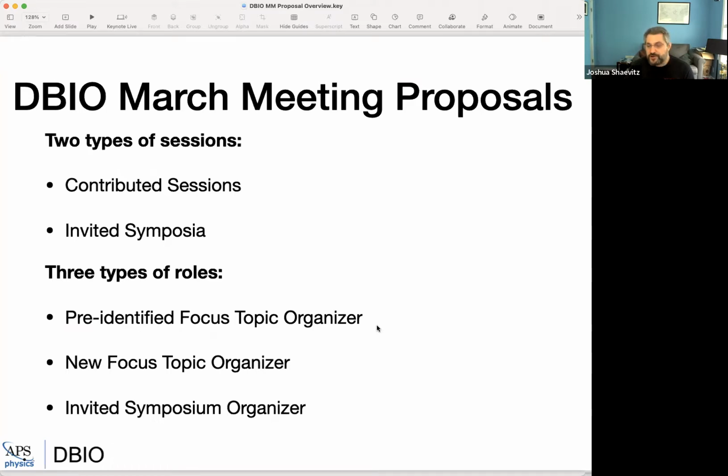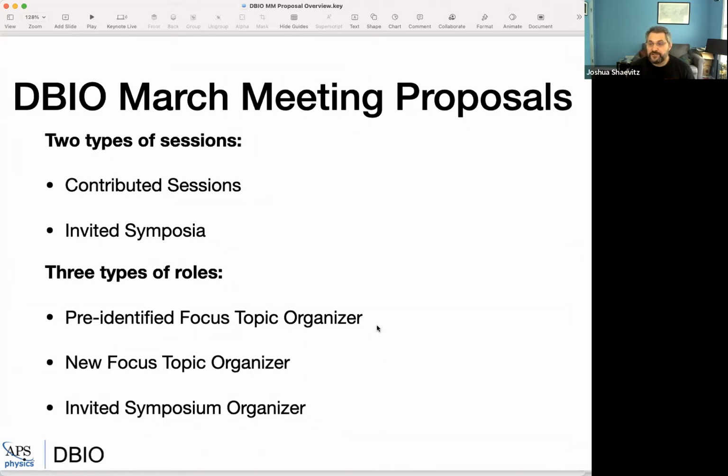What we're looking for are volunteers who would help organize those. That means making sure that the title and description are current, and advertising those topics via email, Twitter, however you have contacts, trying to get abstract submissions to those topics that we pre-identified as having been successful over the last year.